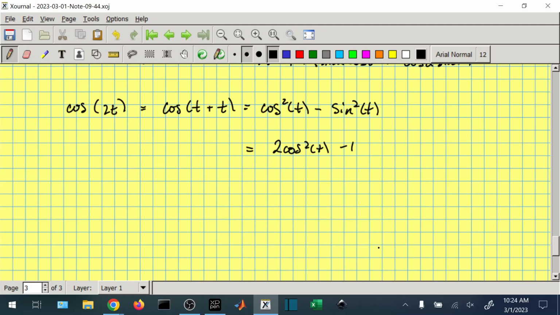And cosine squared is 1 minus sine squared from the Pythagorean identity, so we get 1 minus 2 sine squared. If we solve this one for cosine squared, we get the power reduction formula, cosine squared equals, because I have the 2, I'm going to have to multiply by 2, 1 plus cosine 2t over 2. And if I solve this one for sine squared, then I'm going to have 1 minus cosine 2t over 2.